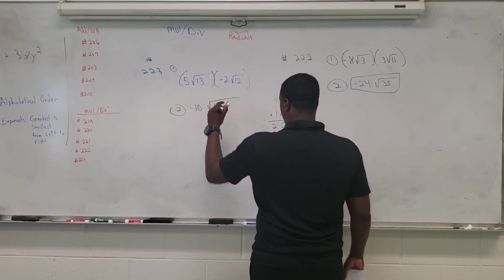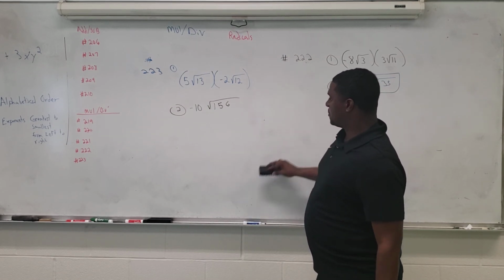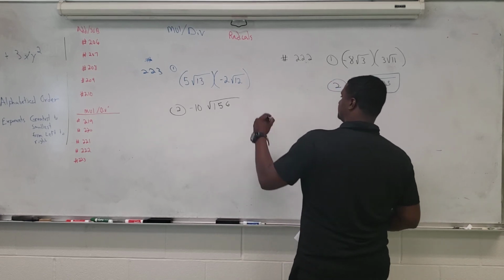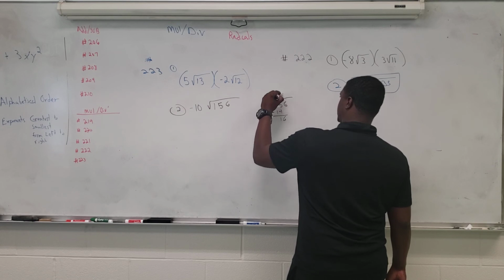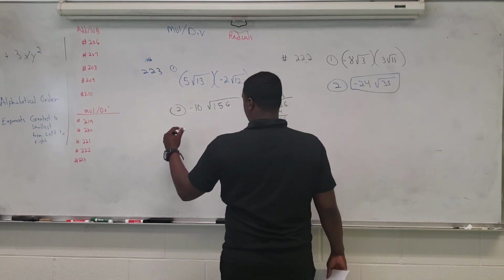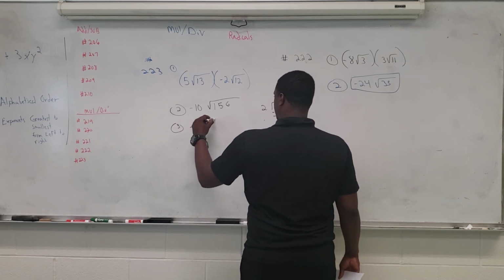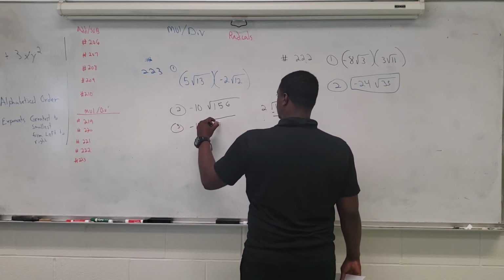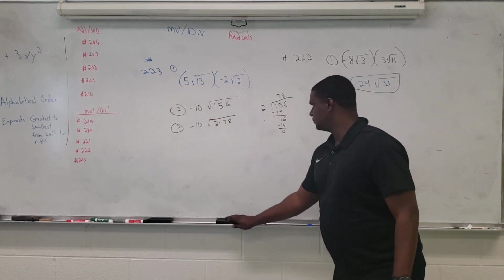And I don't know the perfect square of 156 off the top of my head. So I know it's divisible by 2, so I'm going to start with that 2. Divided by 2, and that's 78. So I know that I have negative 10, and then I have 2 times 78, right?